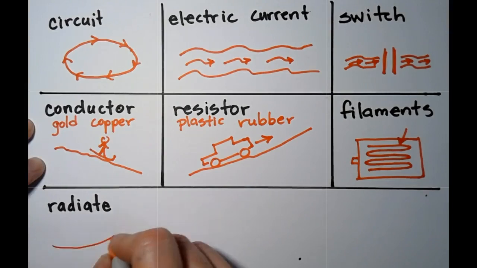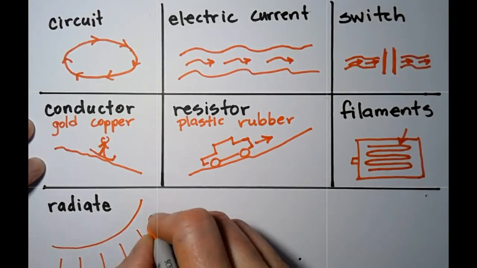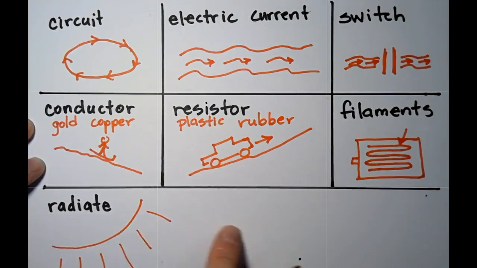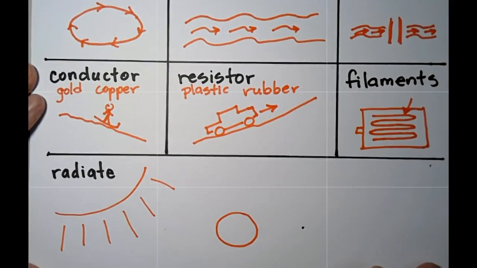And so a great example is sunlight. Okay, the sun radiates its energy, and eventually that radiated energy reaches Earth, where we can feel the warmth of the sun through the radiated energy. Let's push that up a little bit.